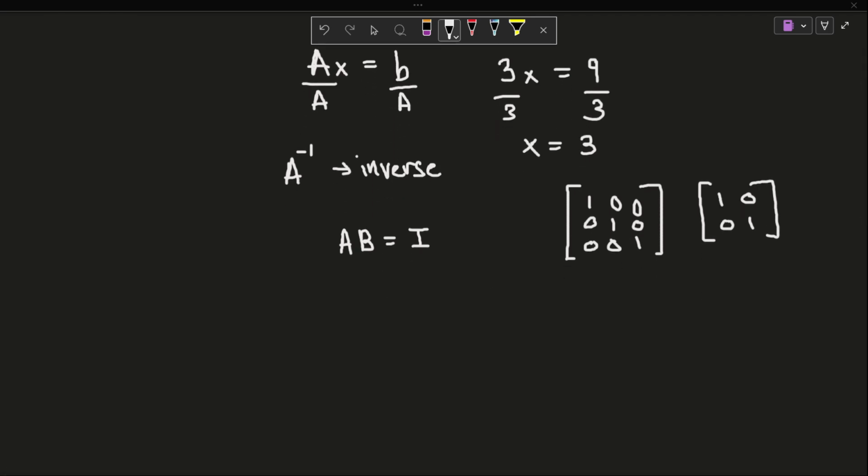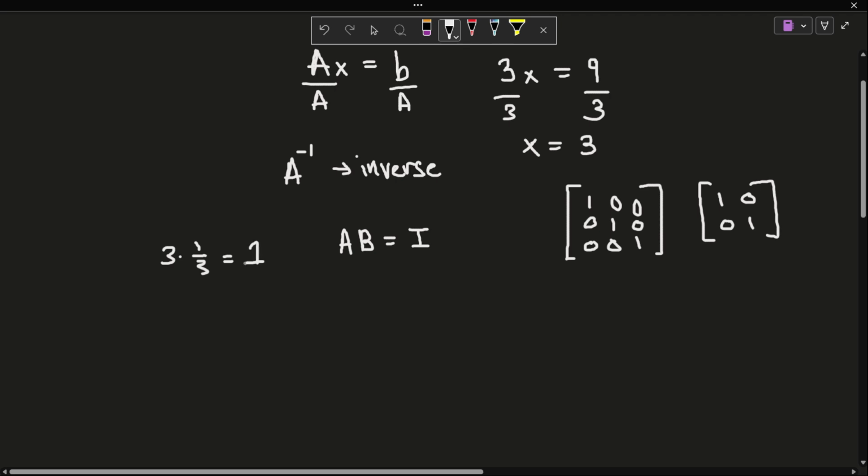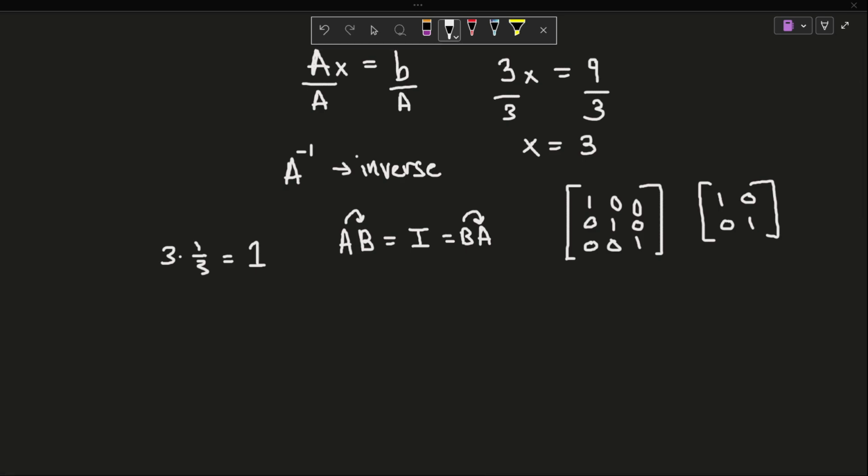Do remember that. And so if this is 1, right, and this is A times its inverse, which would be something like 3 times 1/3, which equals 1, right? Because these two are reciprocals, they're inverses of each other. So this is the same thing in the linear algebra world. And one thing to note here is that this is commutative, because A is the inverse of B and B is also the inverse of A. And so you might have learned, or you should have learned in matrix multiplication, that it's not commutative, but here you can see that these two do actually commute because they're inverses of each other, right?